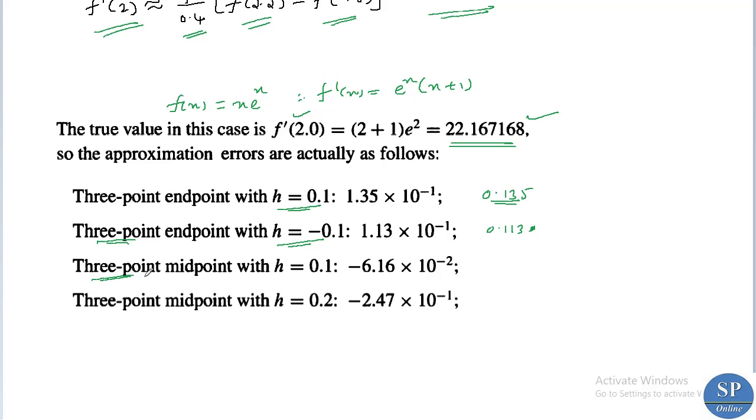From the 3-point midpoint formula with h equal to 0.1, the error is minus 6.16 into 10 raised to minus 2. So the error decreases by using the midpoint formula. And using the midpoint formula with h equal to 0.2, the error is minus 2.47 into 10 raised to minus 1.